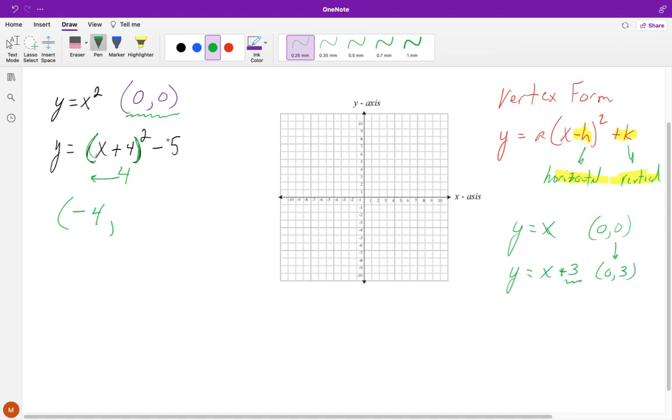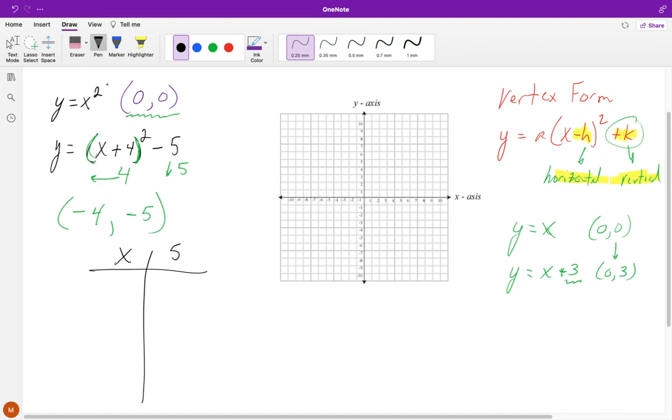Here we're subtracting this 5, which is that k, telling us how we're moving vertically. Since it's plus k, we go with the sign. If the sign's negative, that means the value's negative, just like with our linear graph. So this is telling us that we're moving down 5, and to represent down 5 algebraically, it is minus 5. So our vertex is now at the point negative 4, negative 5.